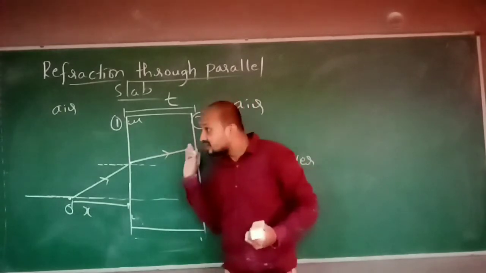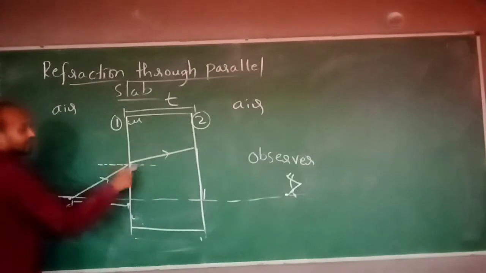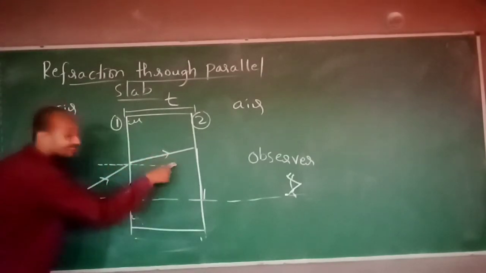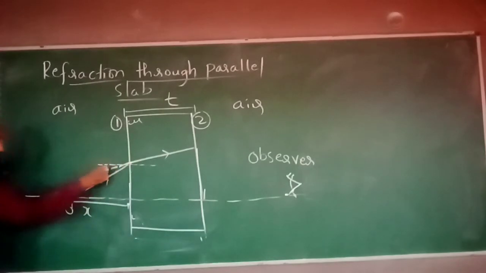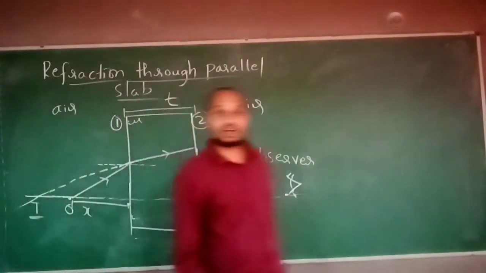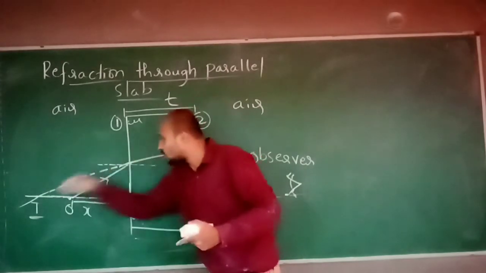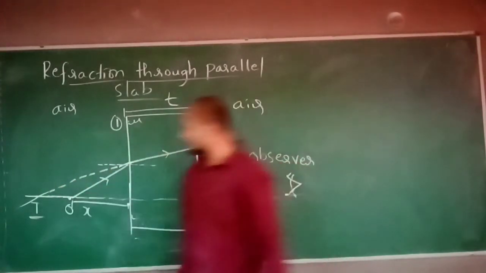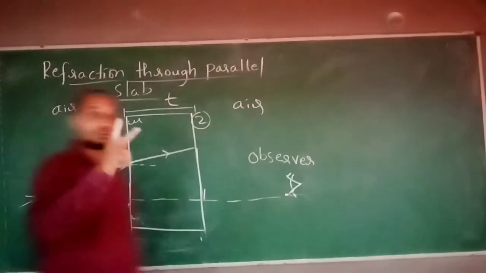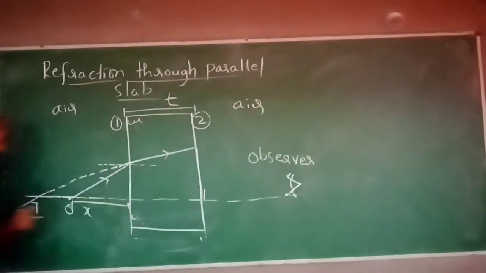When you are inside this glass slab and watching this object, this light was supposed to enter your eye, but this refracted ray has entered, and that is why, if I extend this line, you will see the object O at point I. You will see the object O at point I if you are standing inside the glass slab and watching this object. So this is the second case in the normal shift which I have discussed.